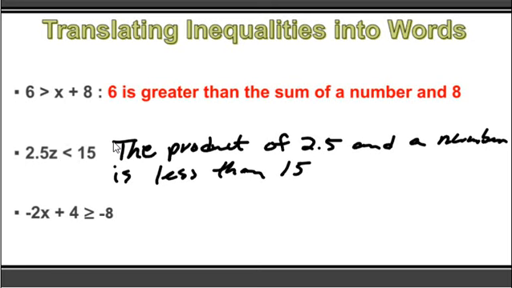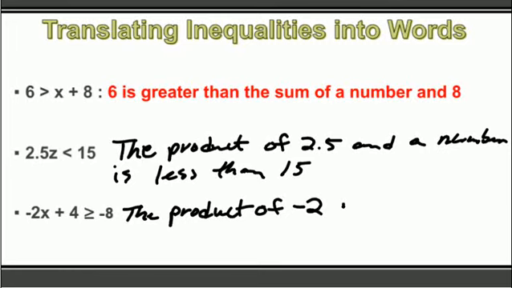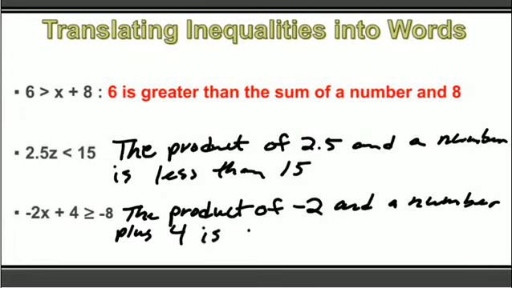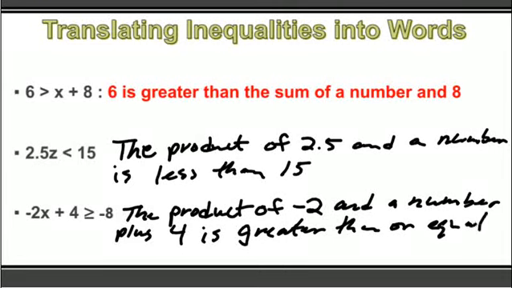That's just one way. The next one, we could write the product of -2 and a number, +4, is greater than or equal to -8.